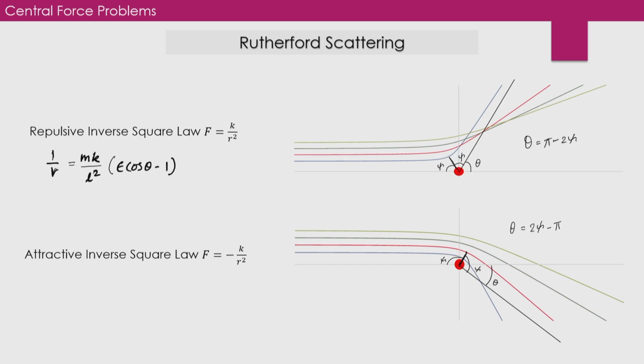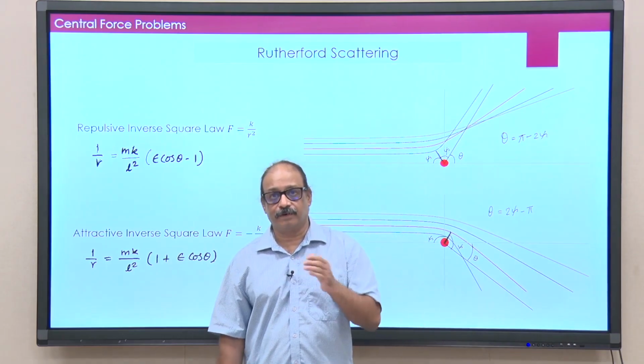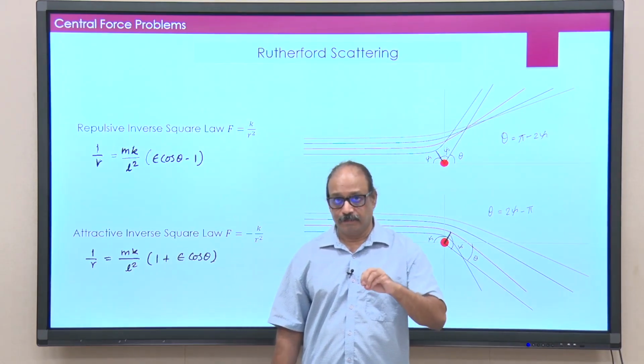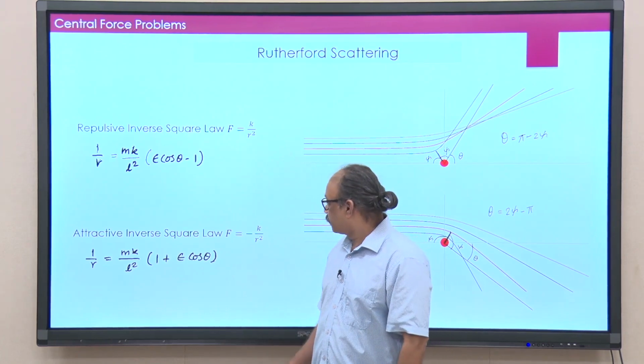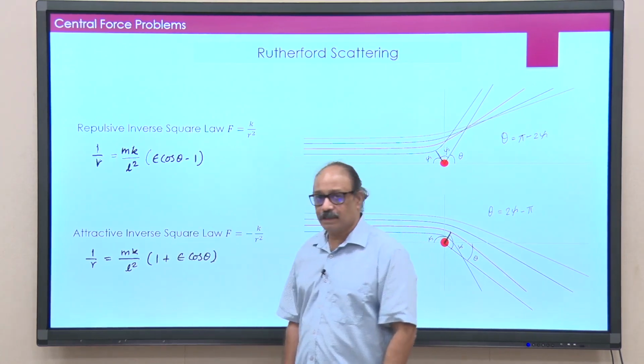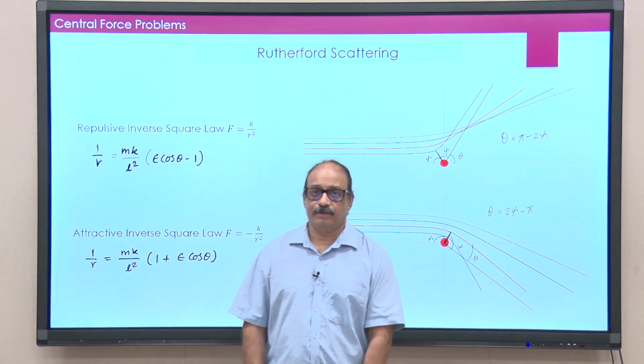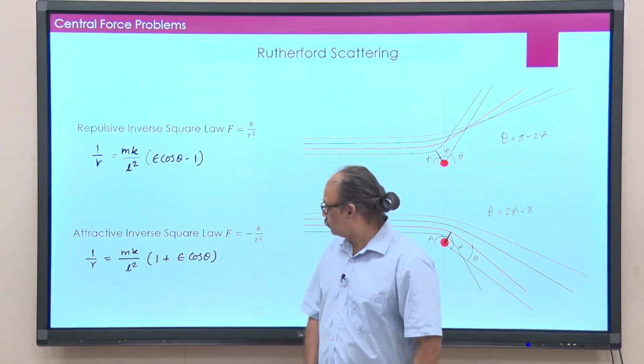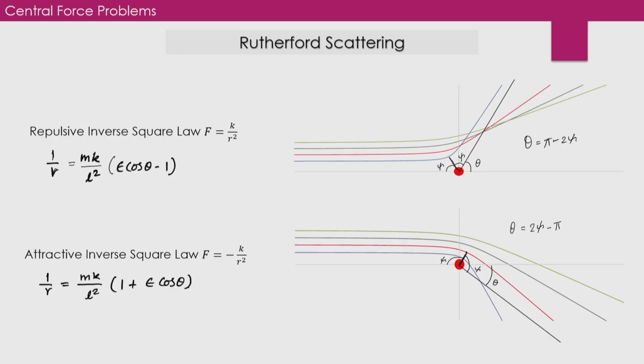We also know the equation of the trajectory here, which is 1 over r equals mk by L square times 1 plus epsilon cos theta, and again cos theta is measured from the point of minimum distance. Now, you can do this calculation. I am going to leave it to you to show that you actually get the same scattering cross section in both cases.